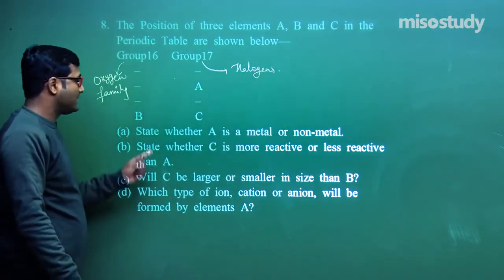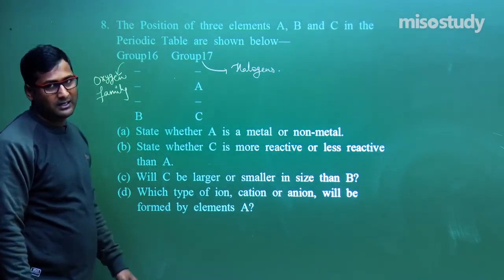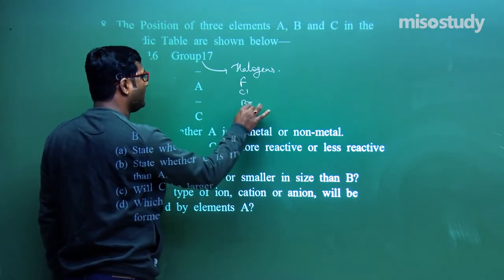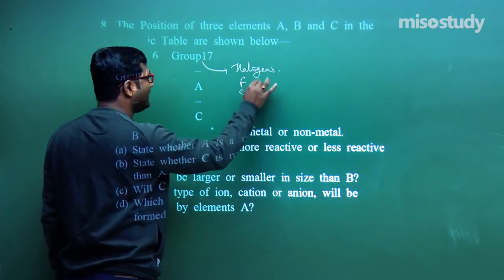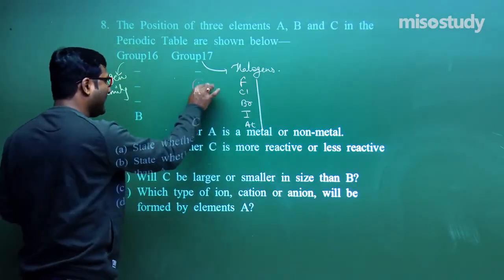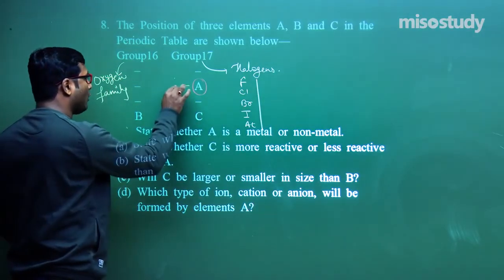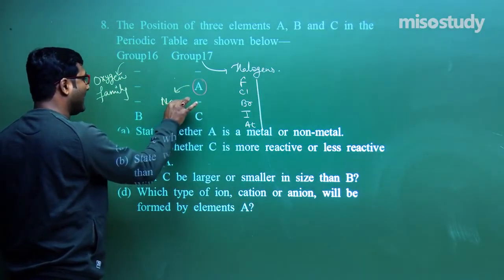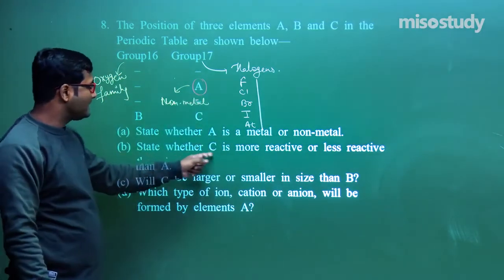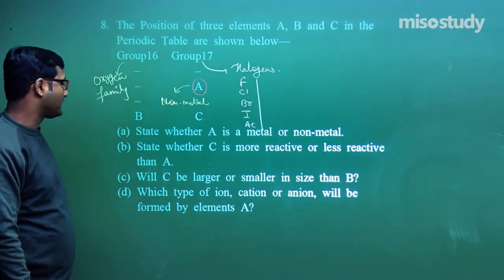Now the question is: state whether A is metal or non-metal. We know halogens are fluorine, chlorine, bromine, iodine and astatine. These are all non-metals. So what is A? A is a non-metal. Am I right? Yes, sir. Clear? Now state whether C is more reactive or less reactive than A.